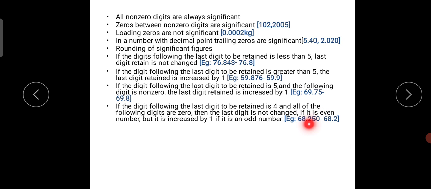If instead of 2 it is 5 or 3 like that, there will be an increase of one digit. That is, it may be 68.3. Sorry, if it is 3 it will become 4, 68.4. And that's about significant figures.